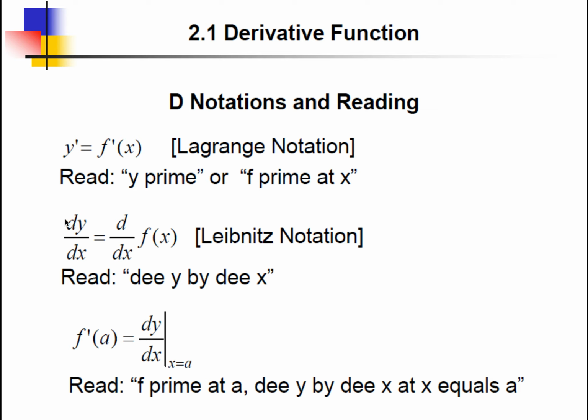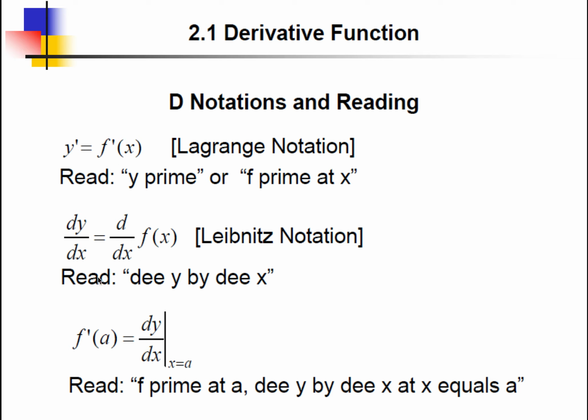So the vertical displacement divided by the horizontal displacement, that is dy by dx, or d of f of x by dx. Remember, y is the same as f of x. That's Leibniz notation. So we will be using this or that. Whenever you see this or that, they are asking you to find the derivative.